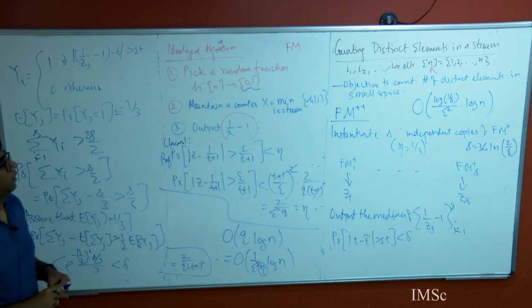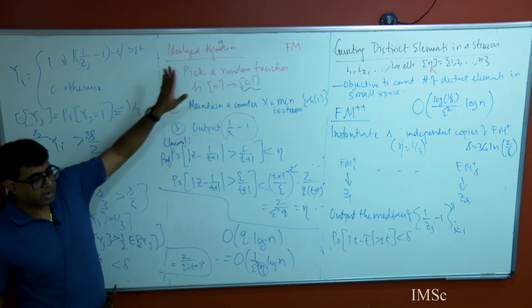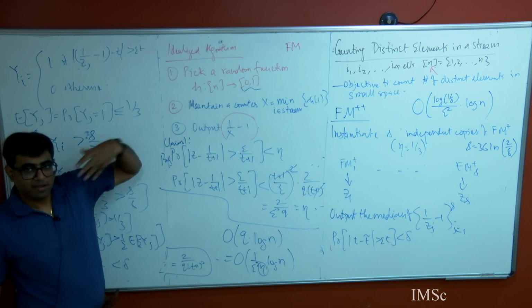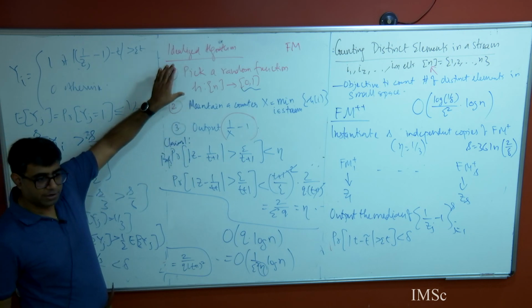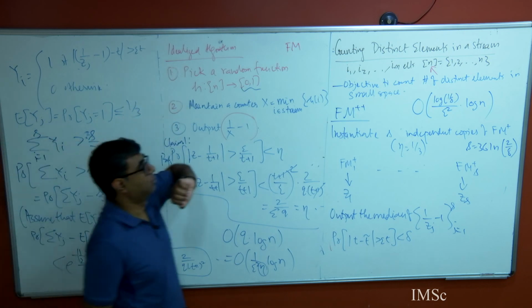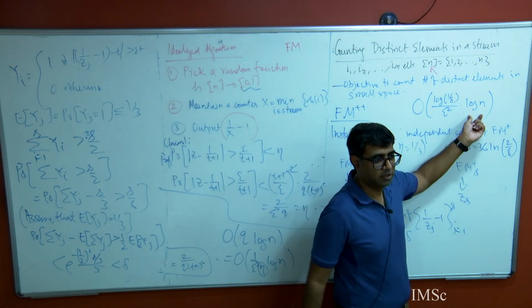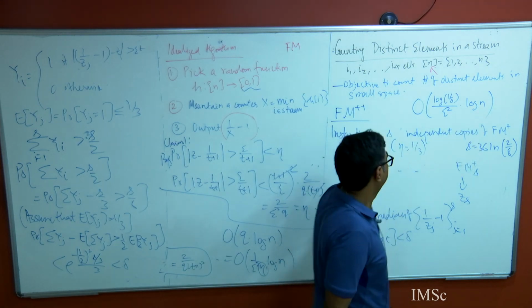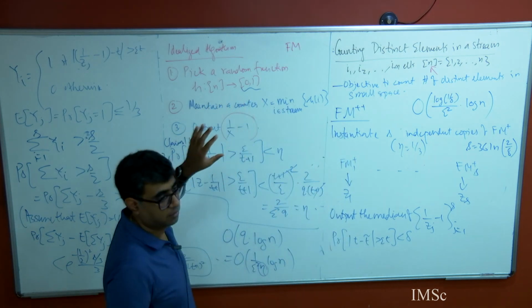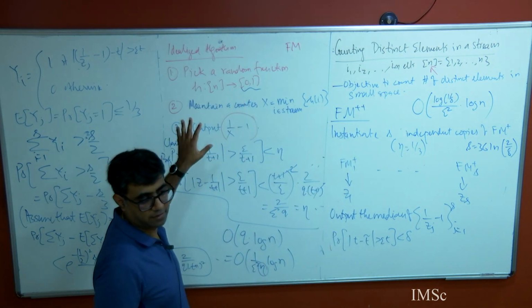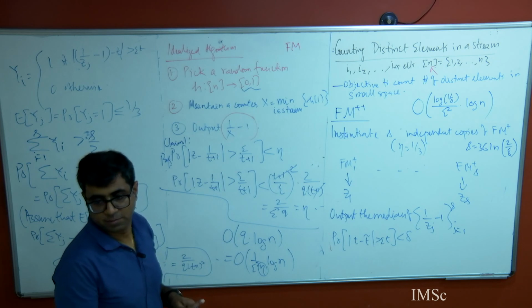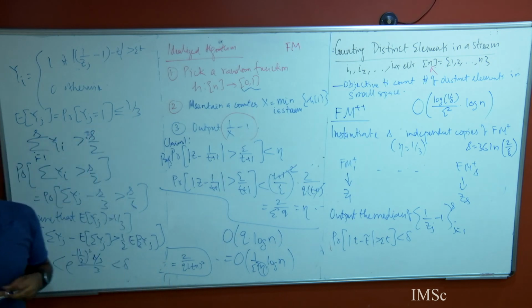Okay, but as I said, this is an idealized situation. In the next lecture, I will tell you how we can get rid of this, but that will cost us another factor of log n here. So we'll get log square n. So we will see how we can simulate this with small space random variables, like k-wise independent random variables and things like that. Okay, question.